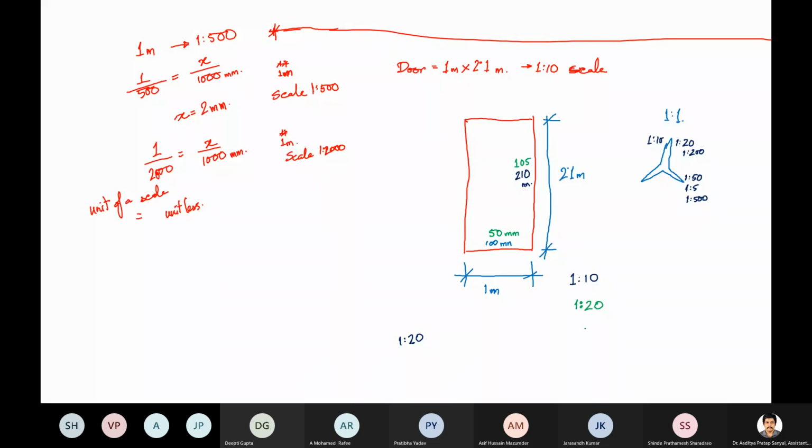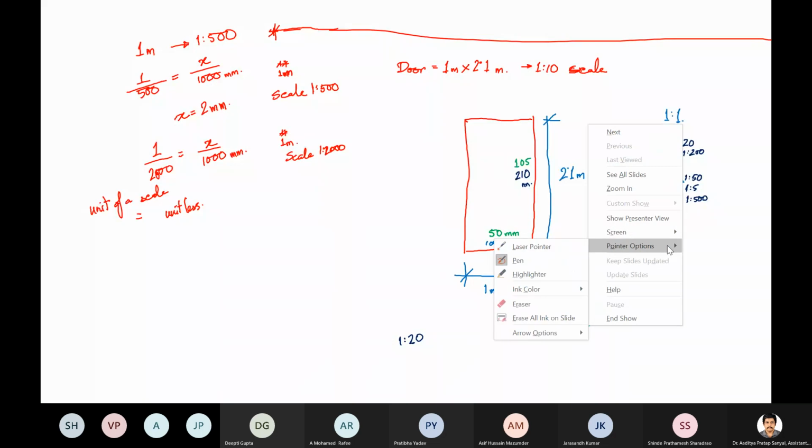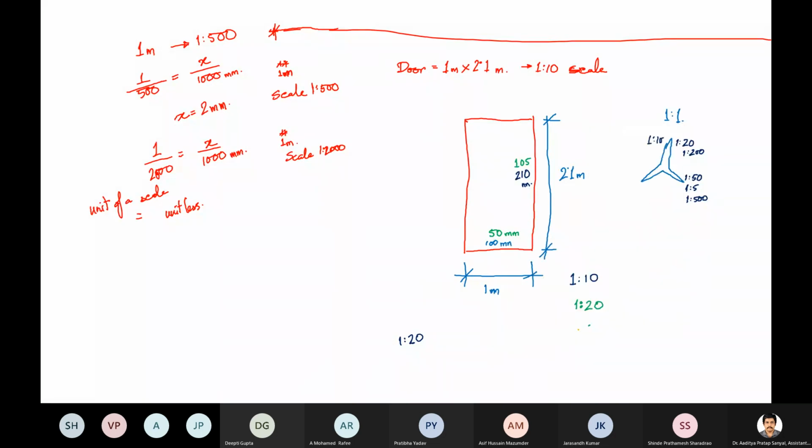If I wish to draw the same thing at 1 is to 50, how much will the length and height be? How much will be the length horizontally?